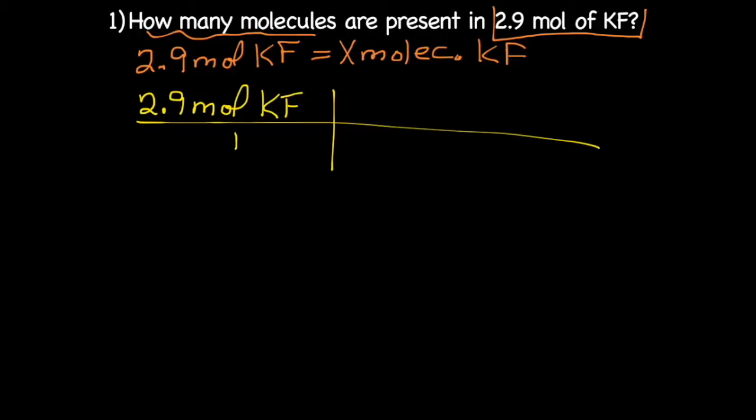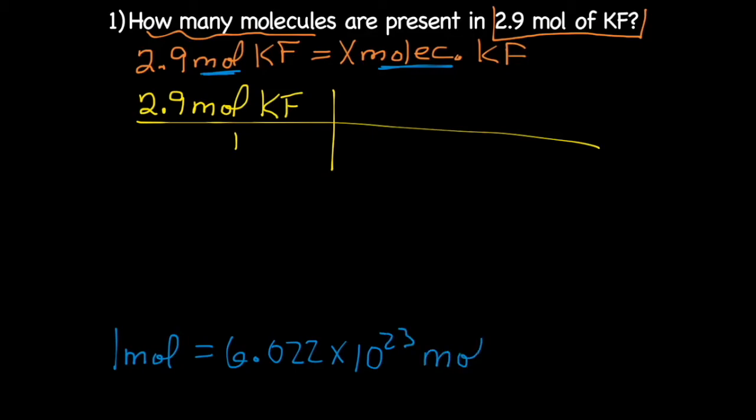All right. Third step is to find our equality that relates to units in the problem. And today we have moles and molecules. So I'm going to be using the equality 1 mole equals 6.022 times 10 to the 23rd molecules.